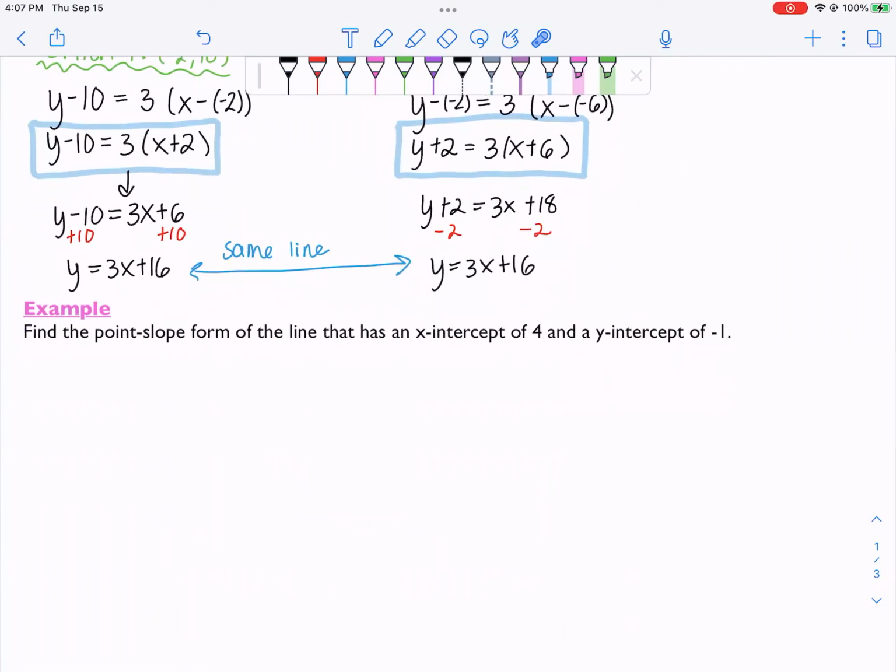So let's find the point-slope form of a line that has an x-intercept of 4 and a y-intercept of -1. This is actually giving us points on the line. It's just not being explicit about it. So the x-intercept being 4, the x-intercept has a y value of 0.